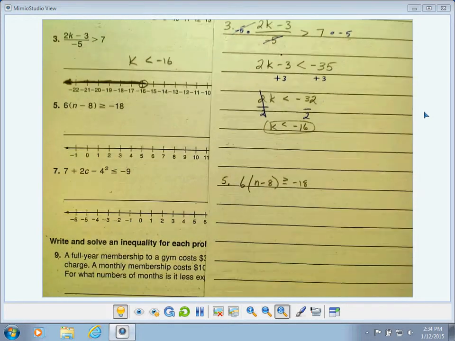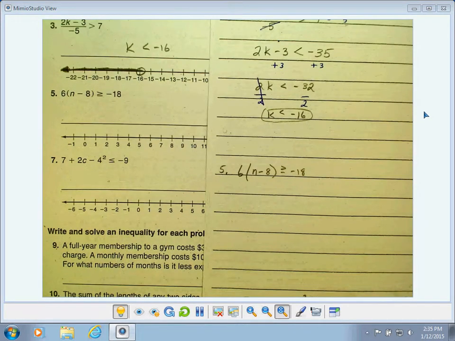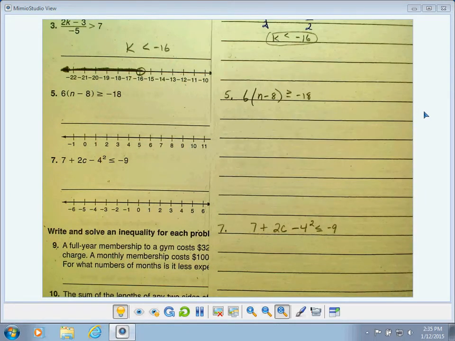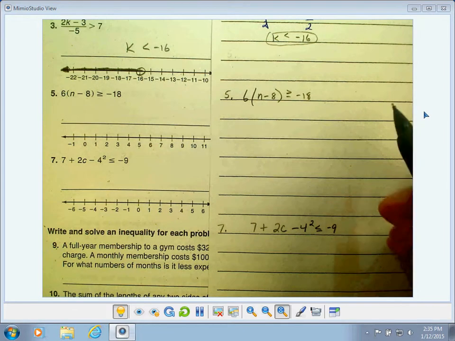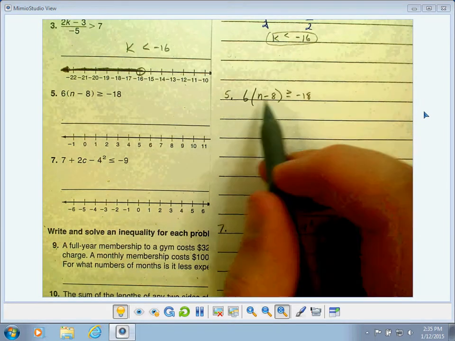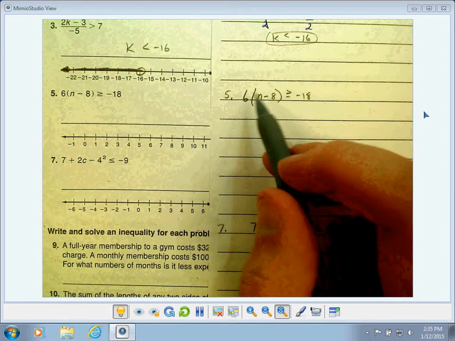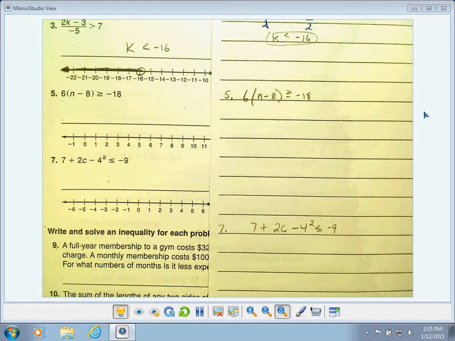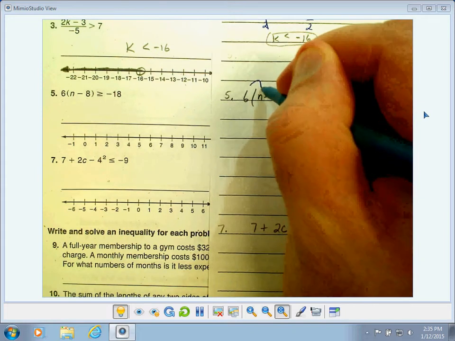Okay, let's move up to number 5. Alright, this one I see a little bit of simplifying ahead of time. Here I see distributing, because I have this 6 that I could multiply through these parentheses. To distribute means you take the 6 times every term in the parentheses.